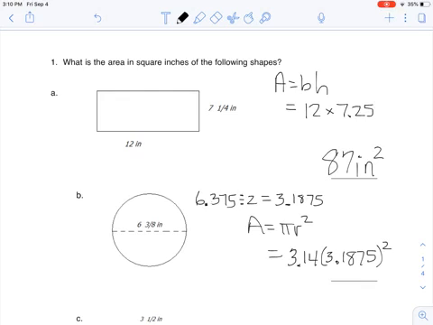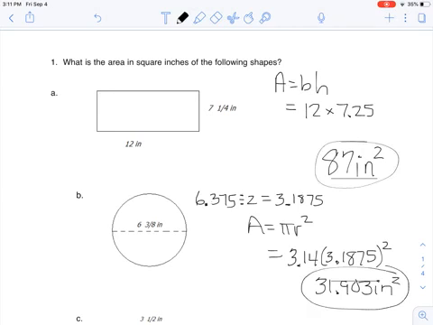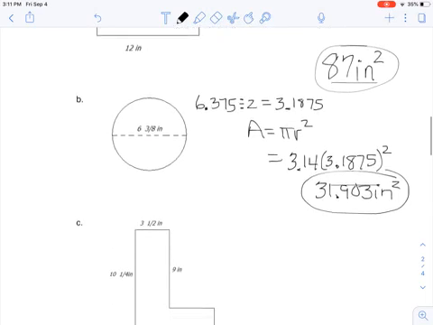Now, if you didn't have the exponent key on the calculator, or you weren't sure how to use it, you would just multiply by 3.1875 a second time. It's a trick. Our answer here is 31.903, and this would still be inches squared. Even though it's a circle, we're talking about area. Area is always inches squared.